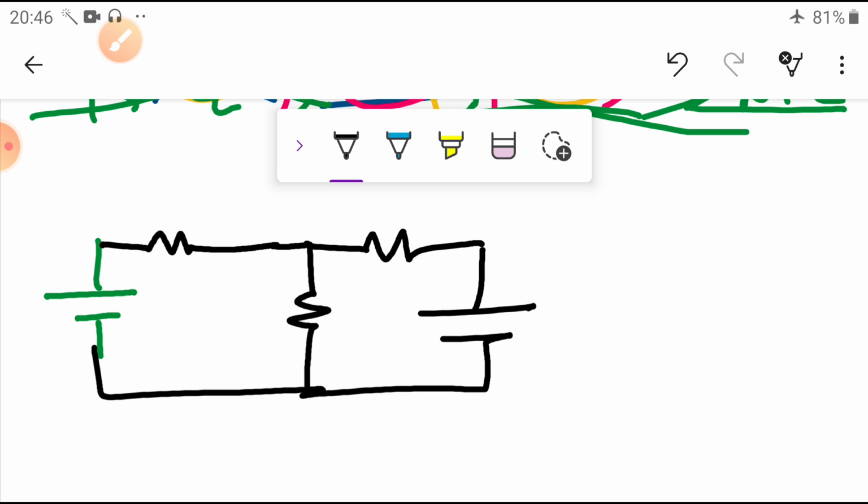Now we have taken R1, R2, R3. We have taken V1 and V2. The internal resistance we assumed as 0.